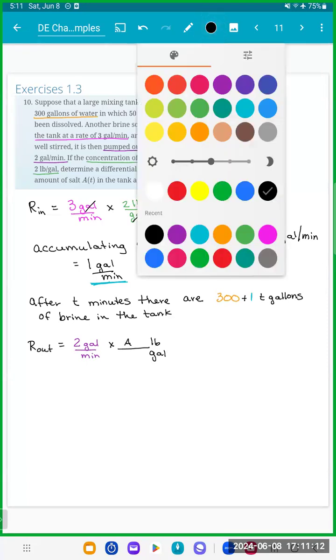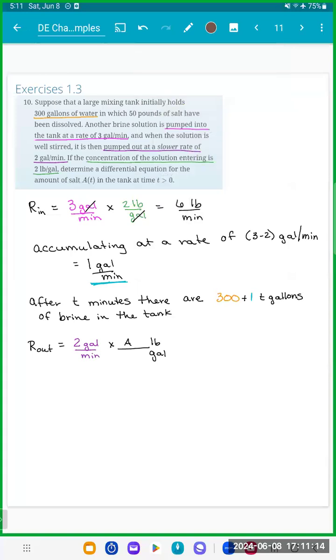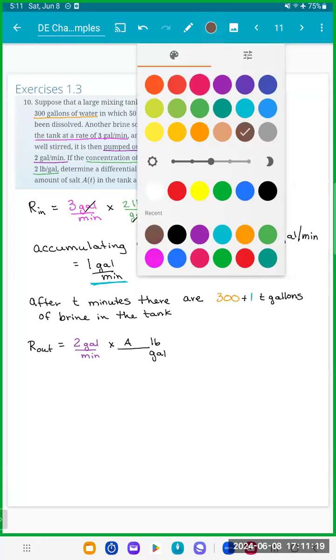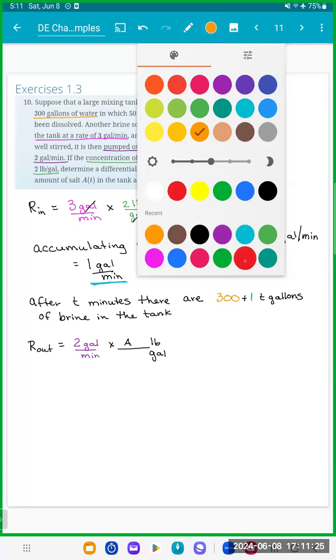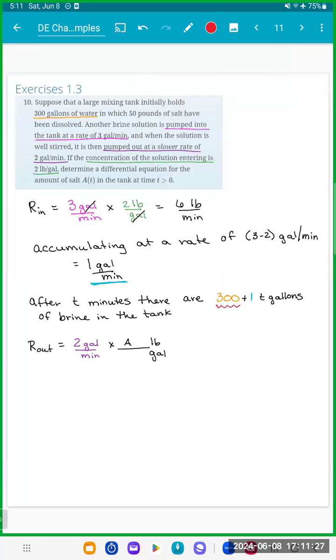Let's do orange. Don't forget the T on that: 300 plus T gallons.